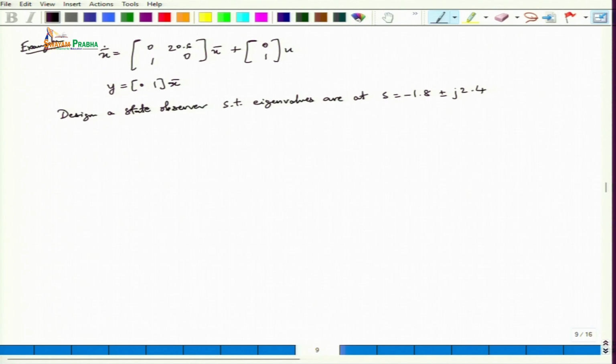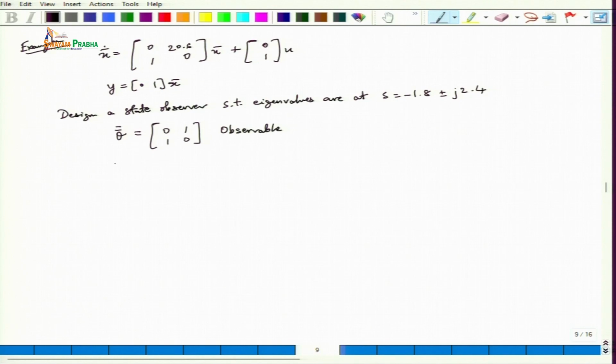So as I said, the most important aspect while designing a state observer is to first check the observability matrix, and that comes out to be 0 1 1 0. So this is an observable plant. So we can formulate a state observer.